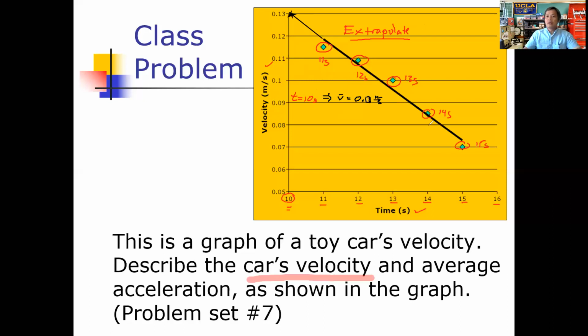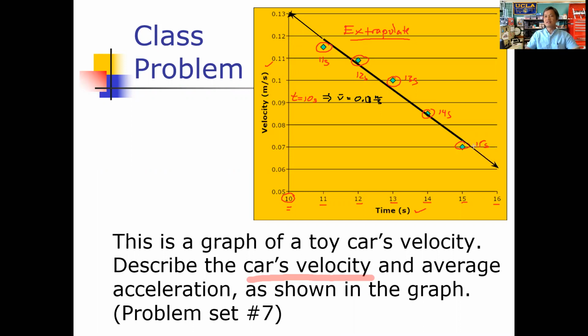Let's do the same thing. They stopped recording at 15 seconds, but at 15 seconds the car is still moving. Could we determine the speed of the car at 16 seconds? Well, of course. Let's extrapolate again. That means we extend this line down to about 16 seconds, about right there.